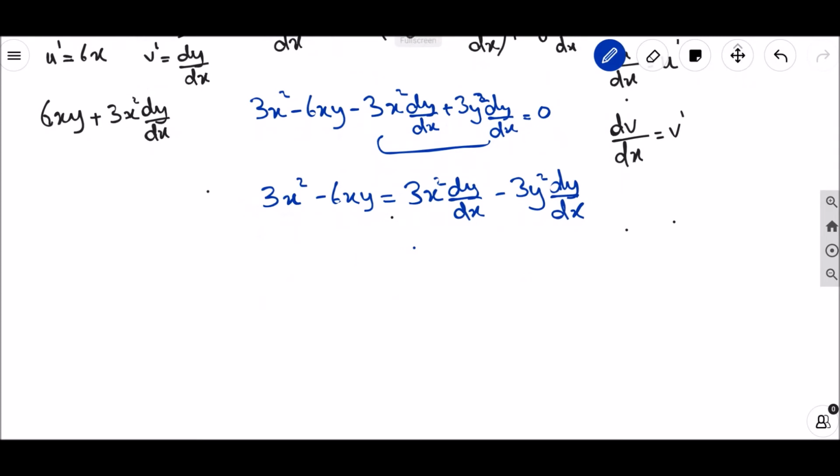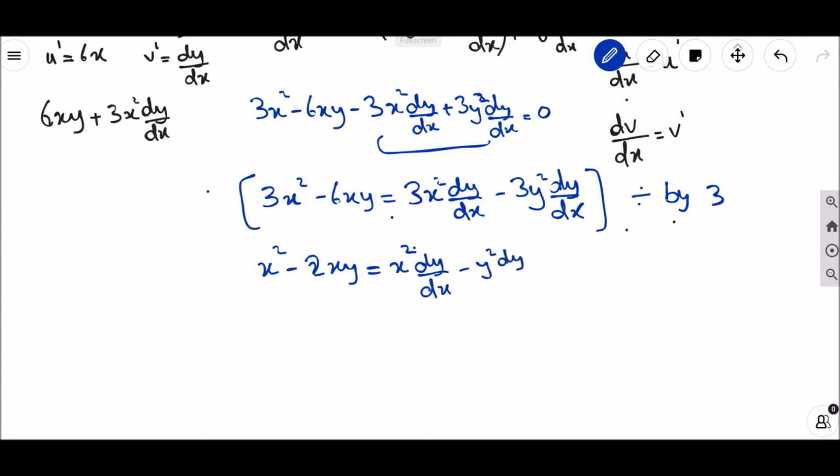Now we can divide this whole equation by 3 as it's divisible by 3, so we get x squared minus 2xy is equal to x squared dy over dx minus y squared dy over dx. Now we can take the dy over dx as common. So it will be x squared minus y squared, and here we have x squared minus 2xy.